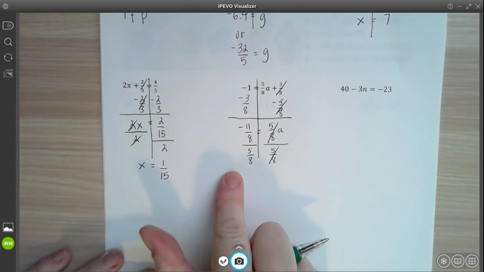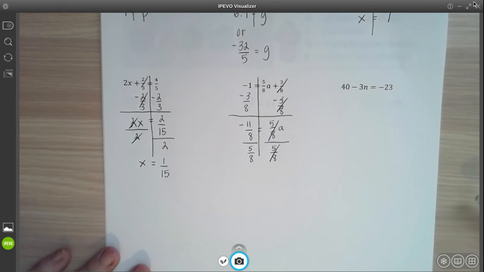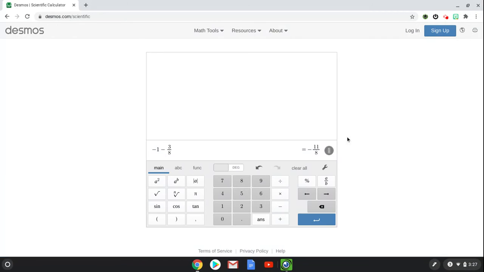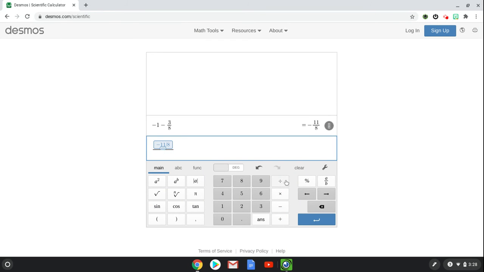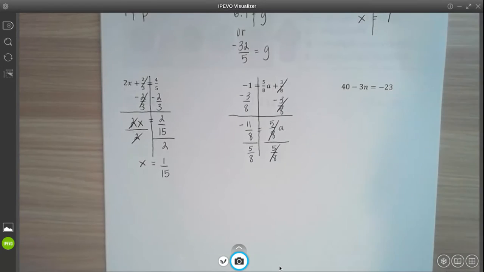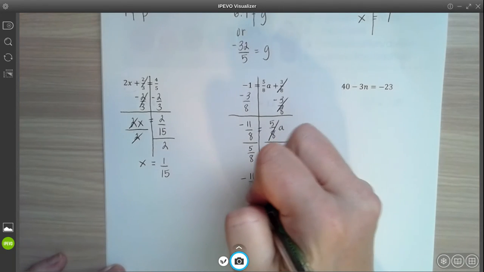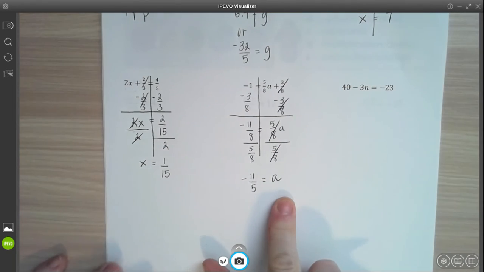Okay, so I have -11/8 divided by 5/8. So again, if I want, I could take that answer and just hit divide by and put in the fraction 5/8. Okay, it gives me the decimal, but I want the fraction answer, so -11/5. And that's your solution to that problem.